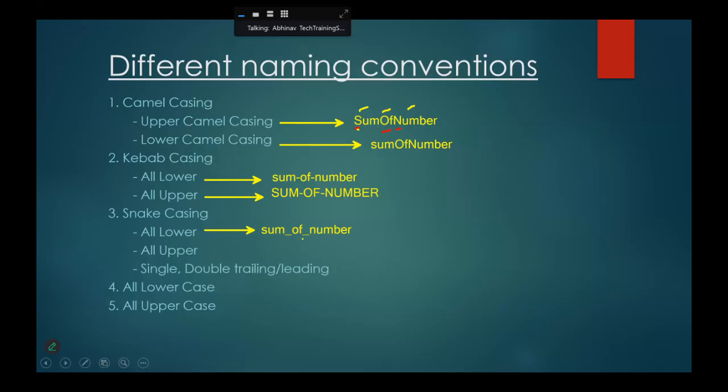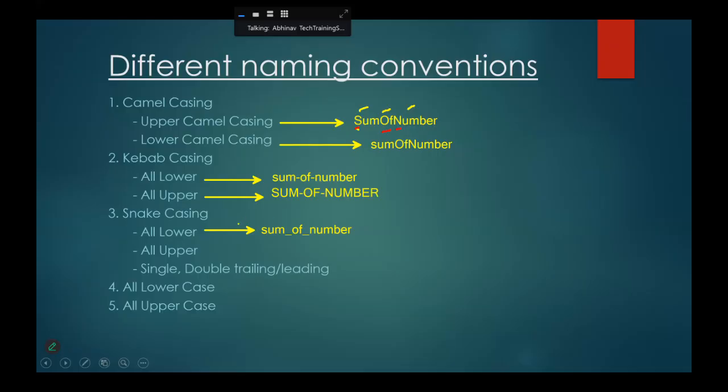This underscore represents something near the floor, and a snake basically slithers on the floor. That's where this particular concept and the name snake casing came from.